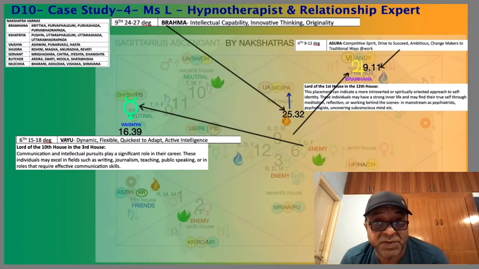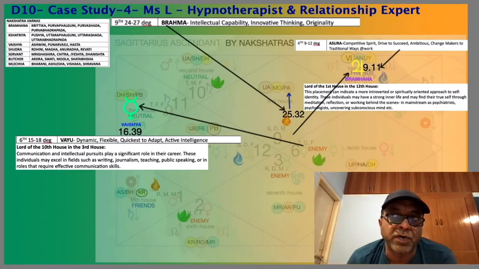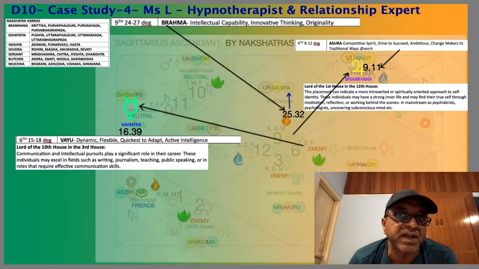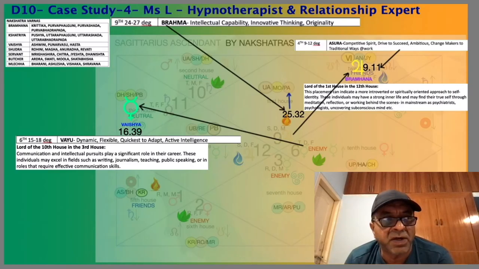She's an ambitious person, and she becomes a change maker to traditional ways at work. What she's doing, hypnotherapy, is a sort of unorthodox form of psychiatry, if you want to call it that. It's not mainstream psychiatry. She's not just prescribing pills. She's doing something else, using hypnotism as a tool to uncover the subconscious better. You might call it that.